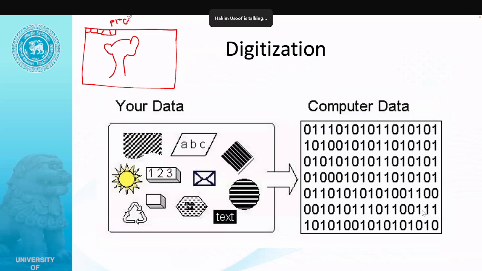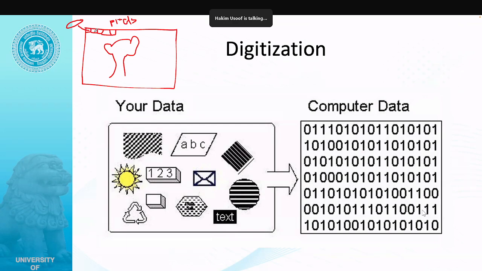If a pixel is blue, like the sky blue, it creates a value for it in binary. If it's green, it gets a different binary value. If it's red, it gets another value. If it's yellow, another value. Like that, each of these little dots gets a different value depending on the color.